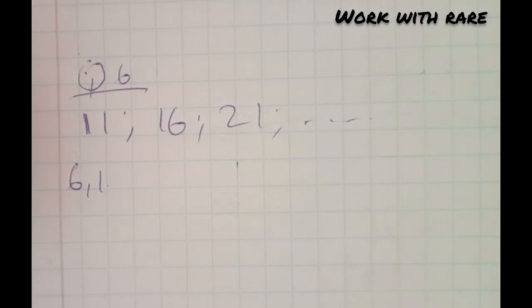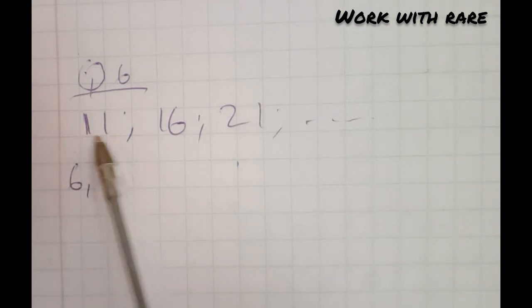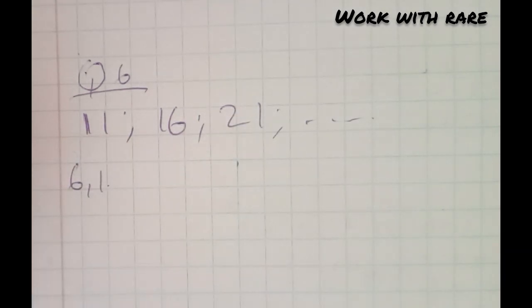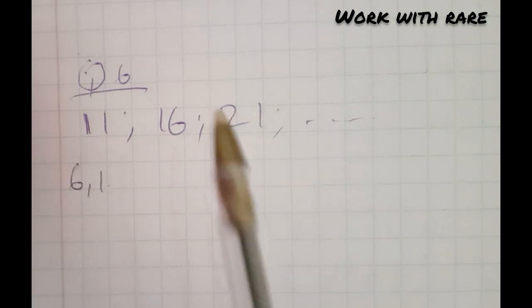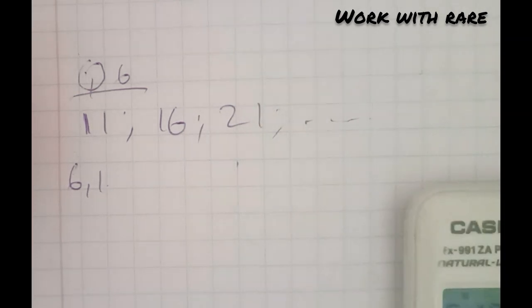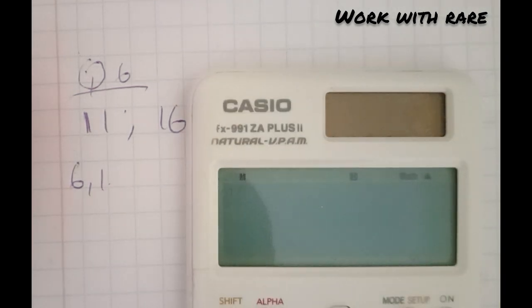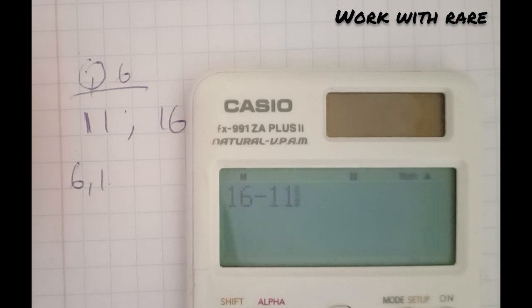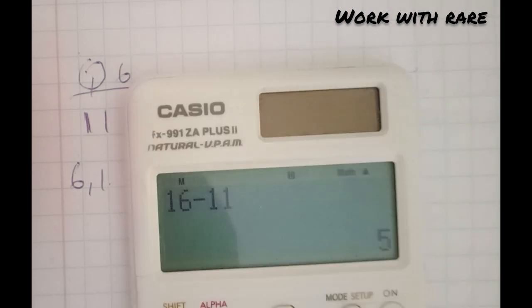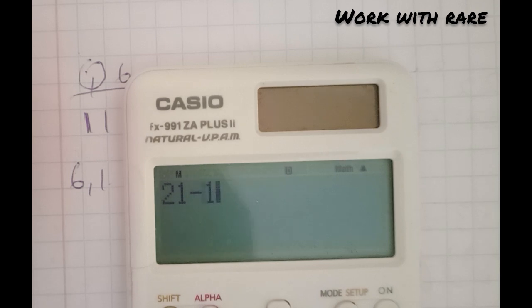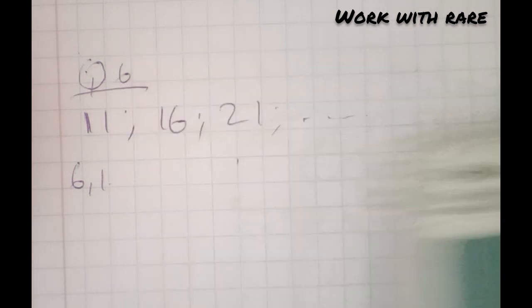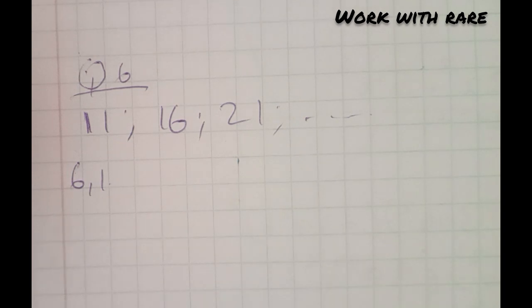Before we can answer this one, you should read your pattern. Here we can see T1, T2, T3. When I say T, I say term number 1, term number 2. If I say term number 2 minus term number 1, it's 5. And if I say term number 3 minus term number 2 is 5, which means we have a common difference.